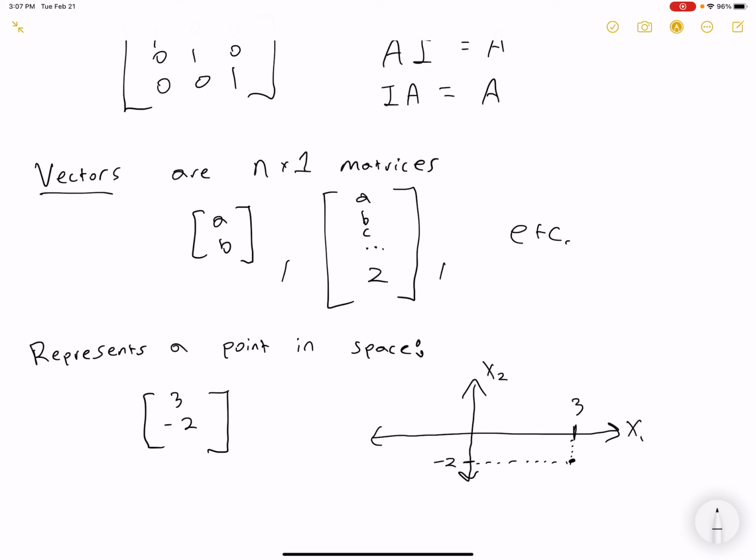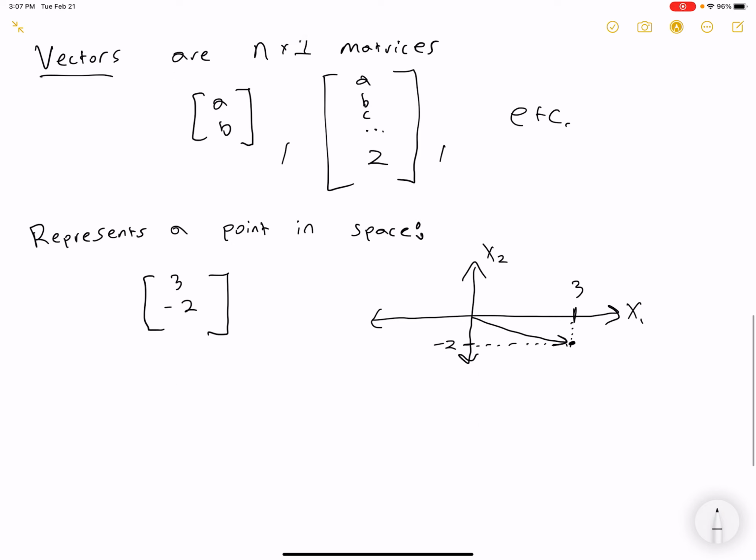And if you're a computer scientist, it would be x0, x1. But if you're a mathematician, it would be x1, x2. Sorry, random fact. So it represents a point in space.